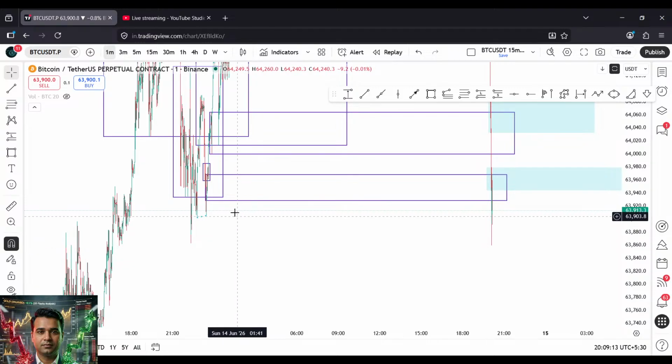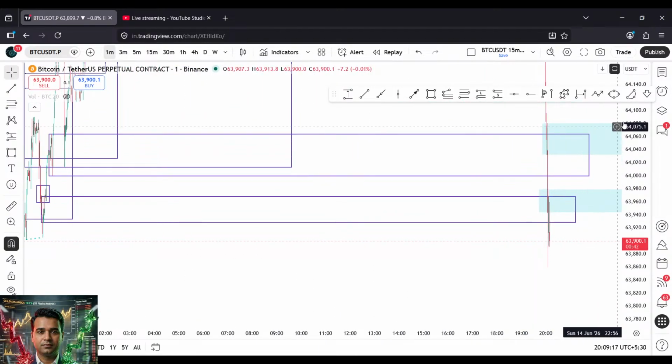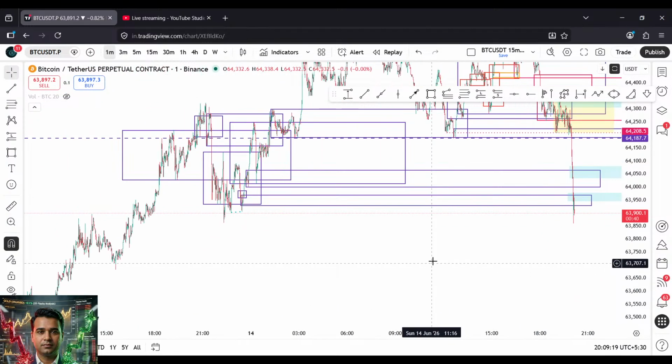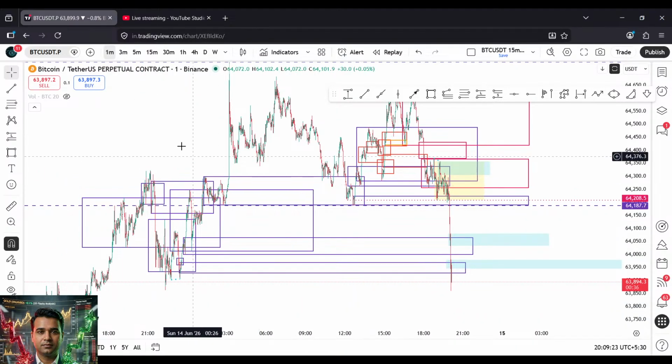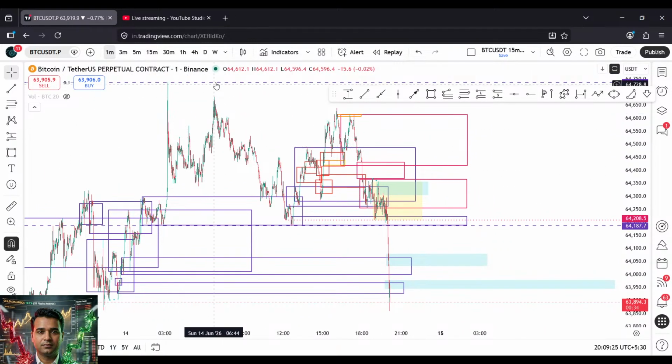And now it has engulfed this zone as well as the origin. So what should price do now? Where is its origin? This one. Price should go into this zone, and inside this zone.